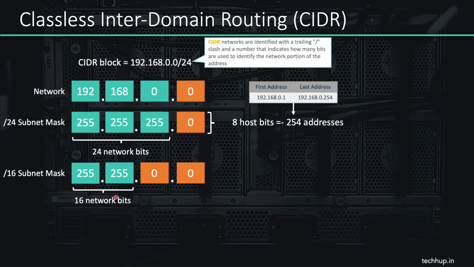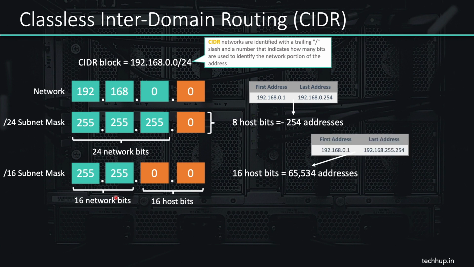And this is pretty standard in the context of CIDR, but non-standard when it comes to classful IP addressing. So a 16-bit subnet mask here would mean that 16 host bits are available, which would lead to 65,534 unique addresses that can be allocated to hosts.